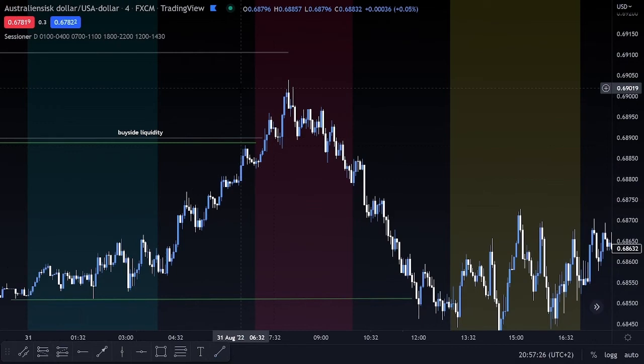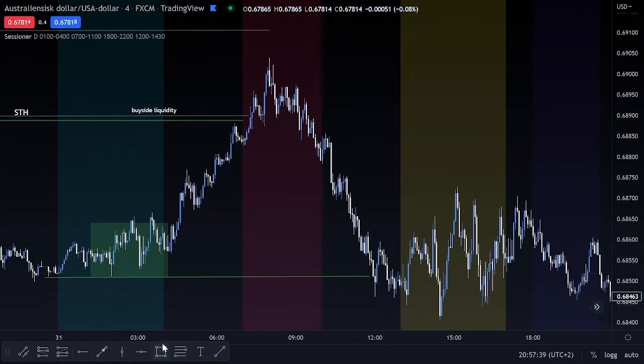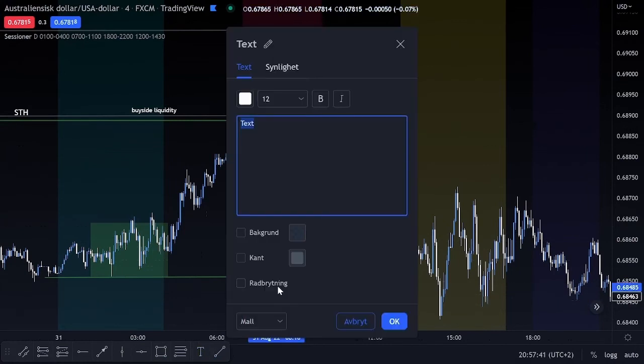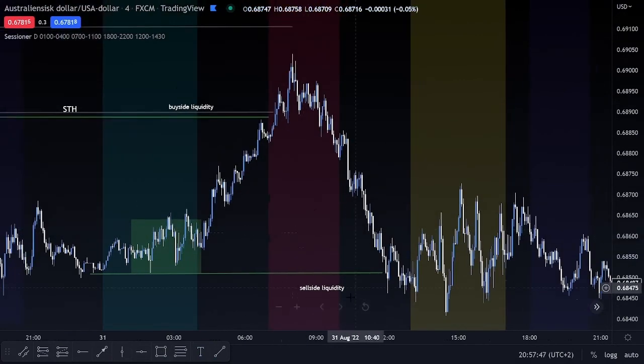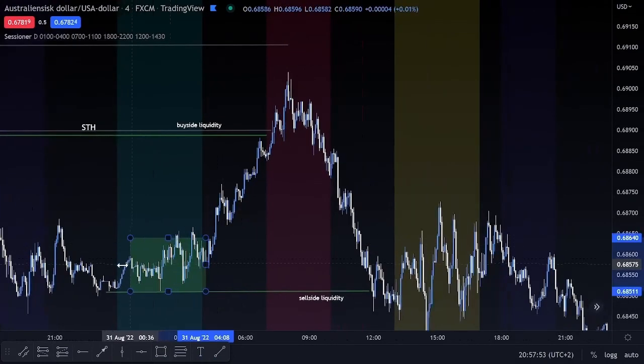And for those who know, this is also a market maker sell model. Price consolidating down here. We have down here what? Sell side liquidity. Right here. So we have an original consolidation.